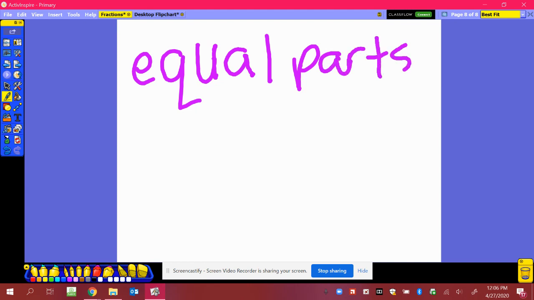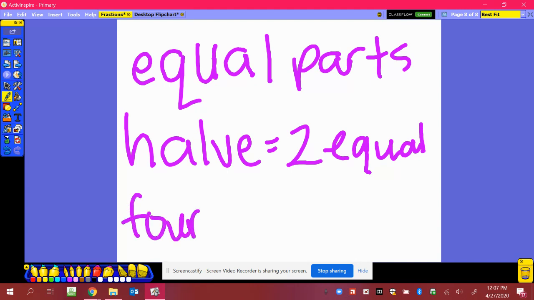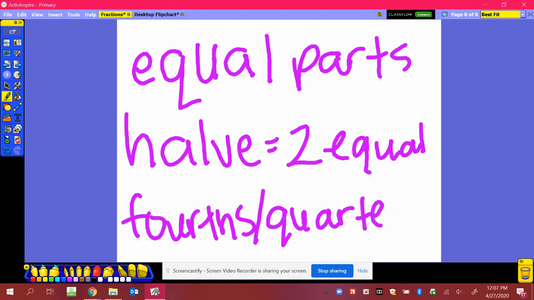And then also remember that halves mean there are 2 equal parts. And fourths and quarters both mean 4 equal parts.